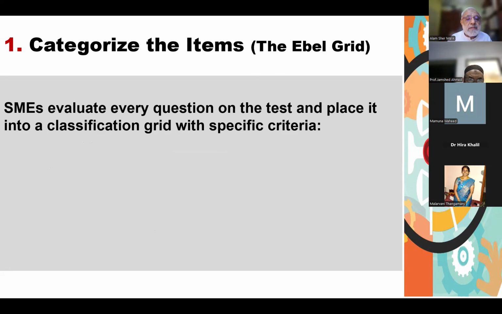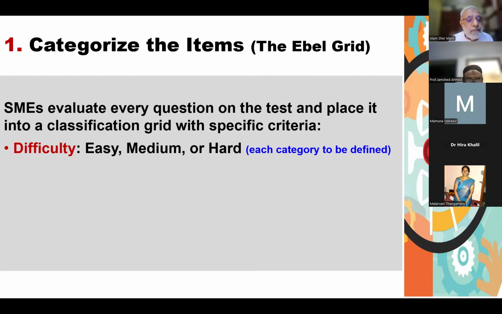So SMEs evaluate every question on the test and place it into a classification grid with specific criteria. For difficulty, there are 3 levels: easy, medium, and hard. Obviously we need to define each category.